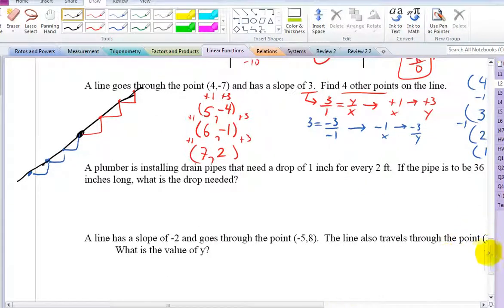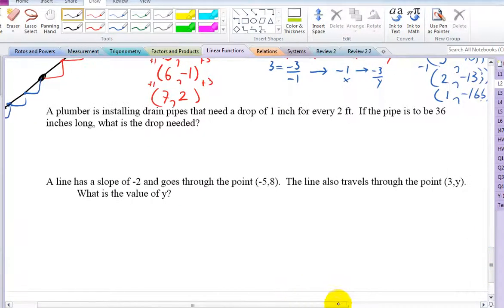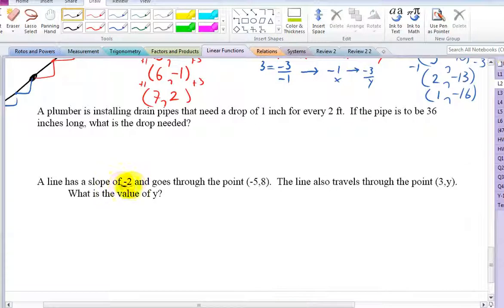Okay, let's skip the plumber one and go to the last one, because it's a little more connected. So the slope is -2 and has these 2 points on the line. So your slope equation, m equals y minus y over x minus x. So what we have here is these 2 points must equal -2.